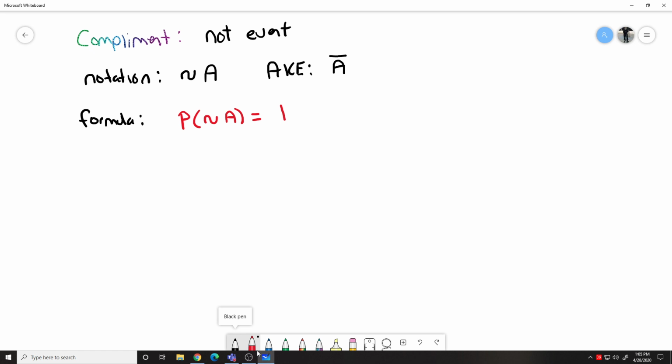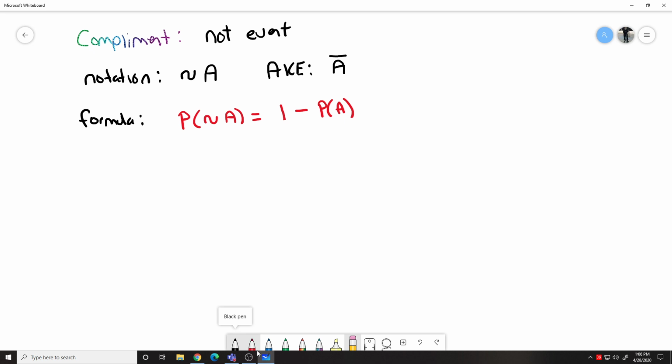You take 1 and you just subtract from 1 the probability that it does happen. So whatever's going on here, you just write it again without the not symbol, and you just say 1 minus that probability. Actually, no, sorry, what am I doing? I'm going to mess you guys up. No, there's no over anything. We'll figure out the over when we figure out the probability that it does happen.